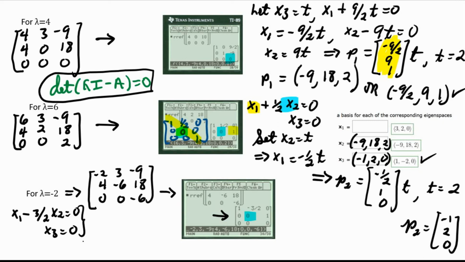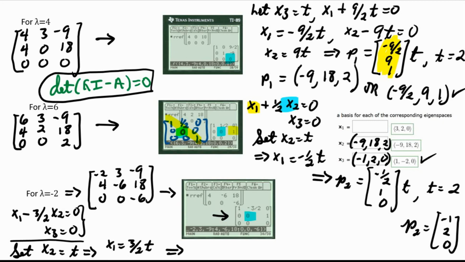So kind of similar to what we had for lambda equal to 6. So x sub 3 is 0. We set x sub 2 equal to t, and then that implies that x sub 1 is equal to positive 3 half t.